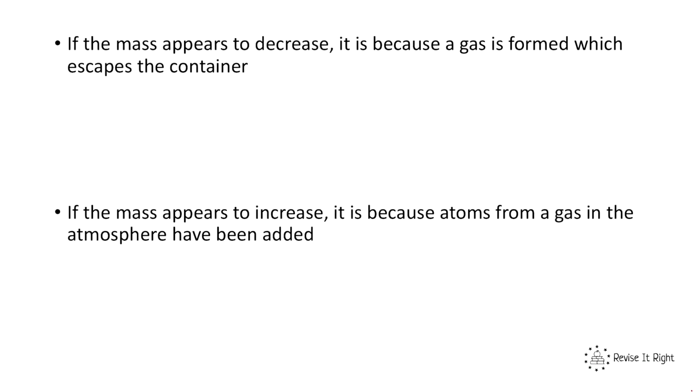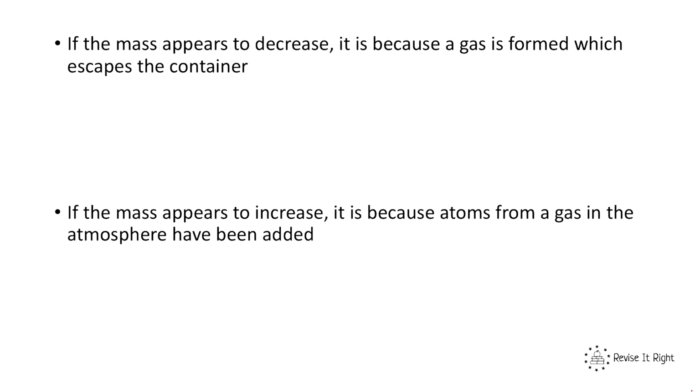Now there are 2 occasions where it might appear the mass has changed, and I'm going to take you through those 2 occasions now. First of all, the mass might appear to decrease, go down, because a gas is formed which then escapes from the container.